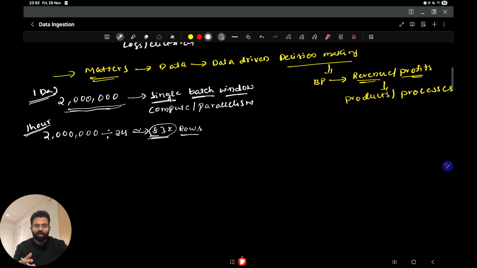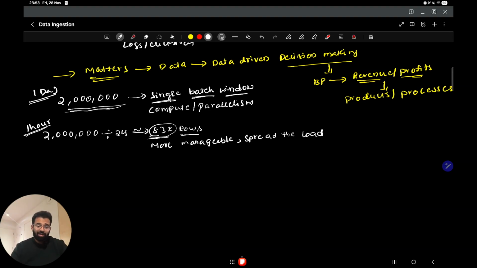Many people will agree that is more manageable, and you are spreading the load throughout the day instead of processing at only one time of the day. That might be fine for some scenarios.